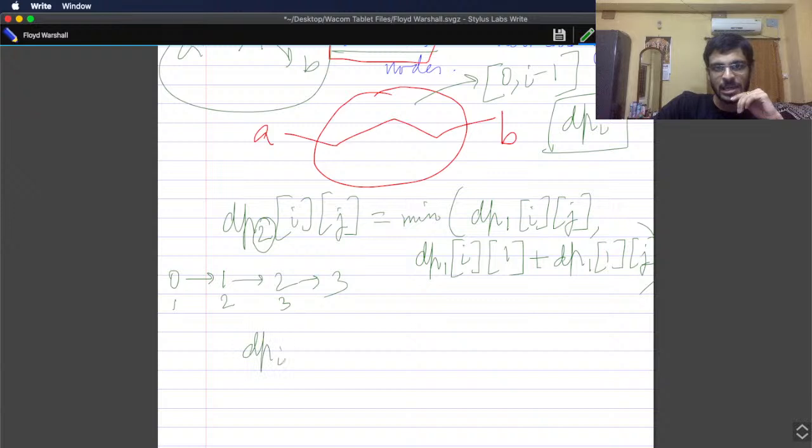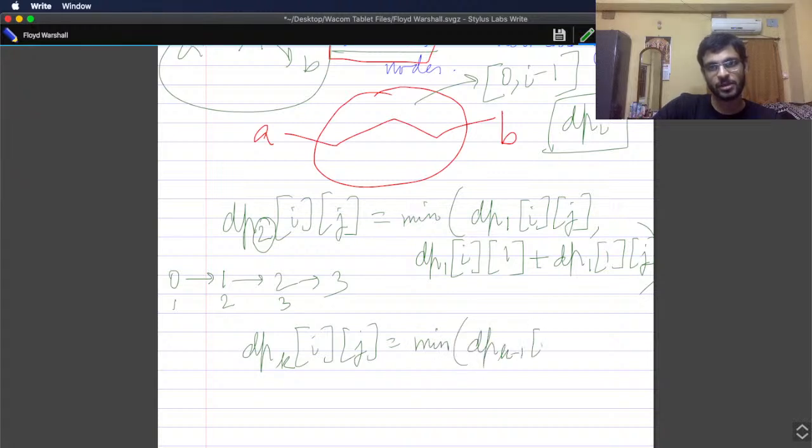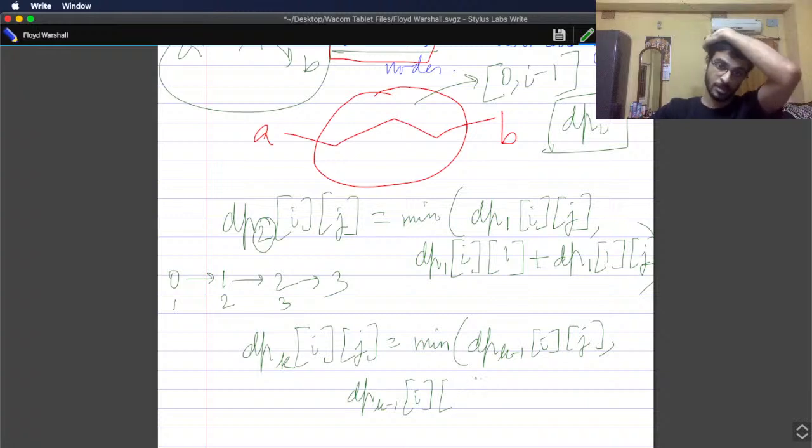Any kth step I can choose based on the k minus 1th step, which is nothing but something like this: dp k minus 1 ij, comma dp k minus 1 ik plus dp k minus 1 kj.